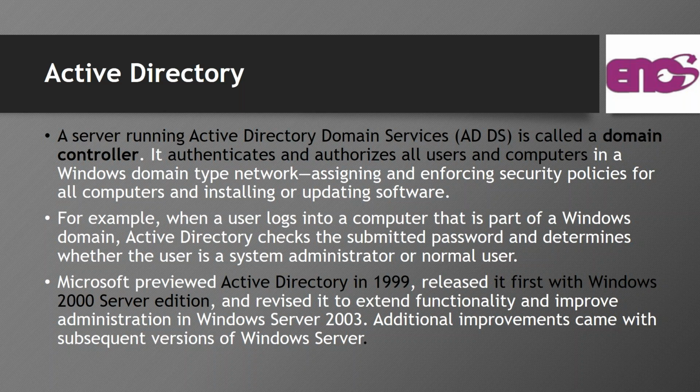The control tower gives permission as to who to fly and who not to fly, which aircraft to fly and which aircraft not to fly. So that is how it works here. So there's a domain controller, like a tower, like a controller that controls all the systems wherever they are on the network. So an example is when a user logs into a computer that is part of a Windows directory domain, Active Directory checks the submitted passwords.